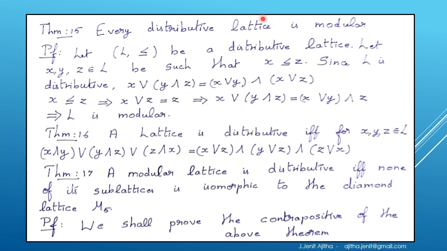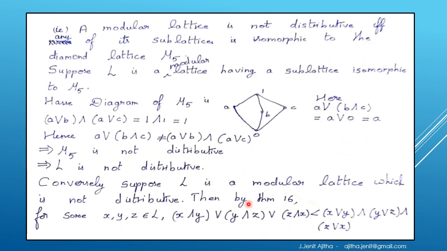And already I have said that the converse part of theorem 15 is not true. That is, every modular lattice may not be distributive, and it is distributive only if it satisfies this condition: none of its sublattices is isomorphic to the diamond lattice M5. Now, instead of proving this statement, we are going to prove the contrapositive of the above statement.